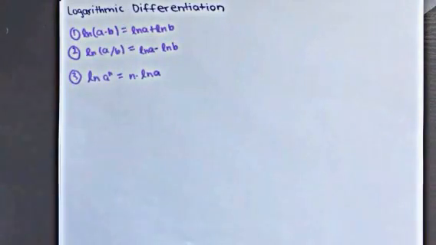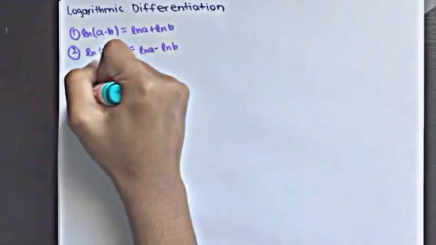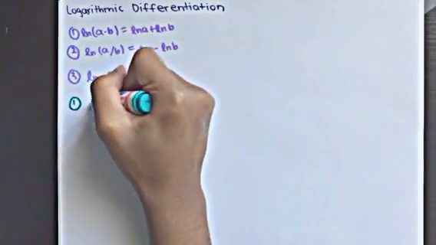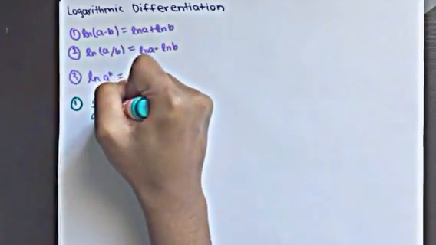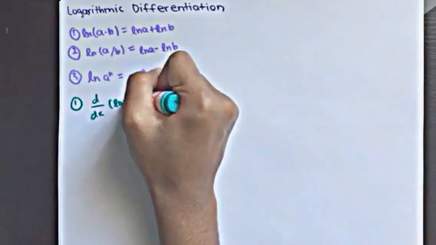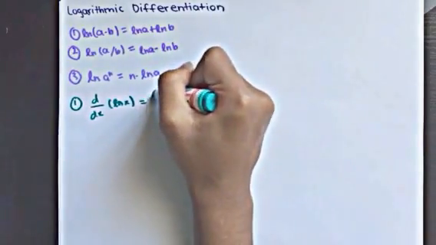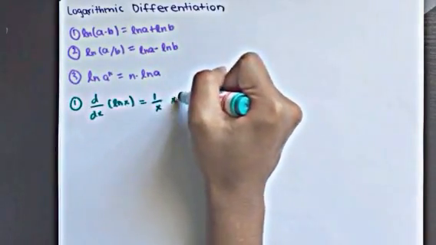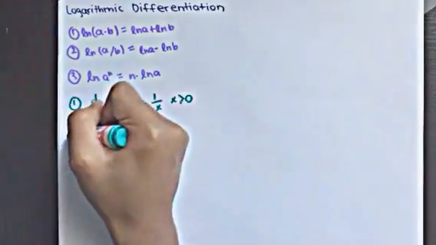And now I'm going to introduce some differentiation rules. So the first one is that the derivative of ln of x equals 1 over x and x is greater than 0.